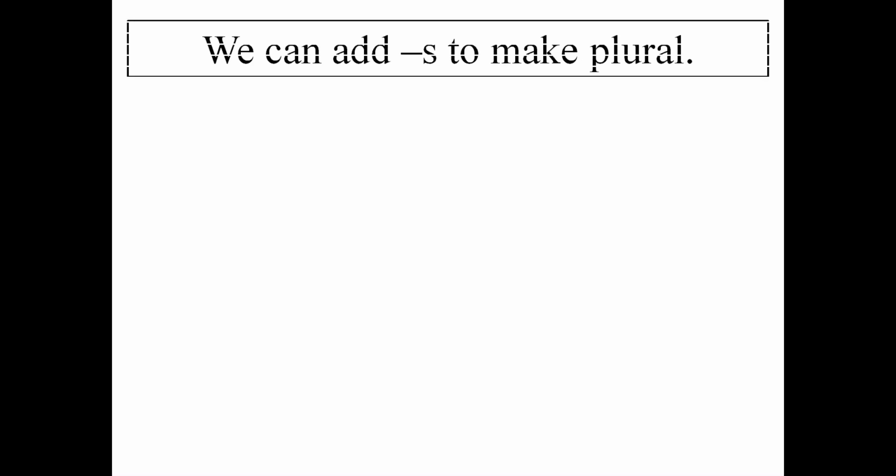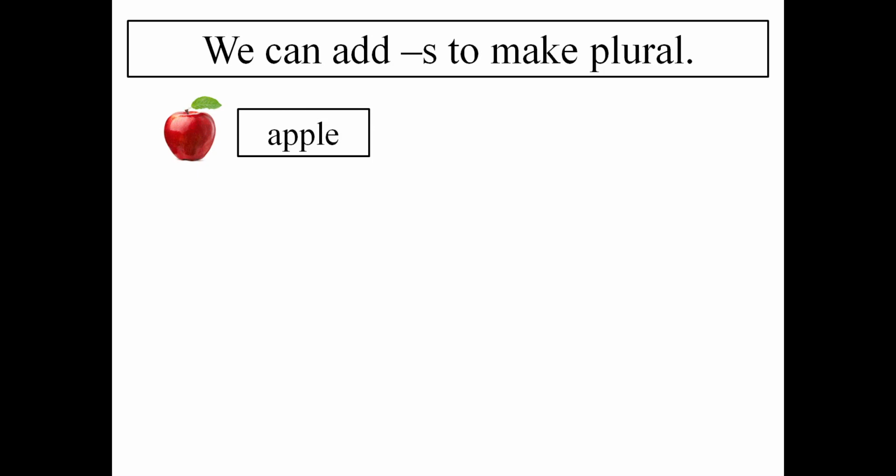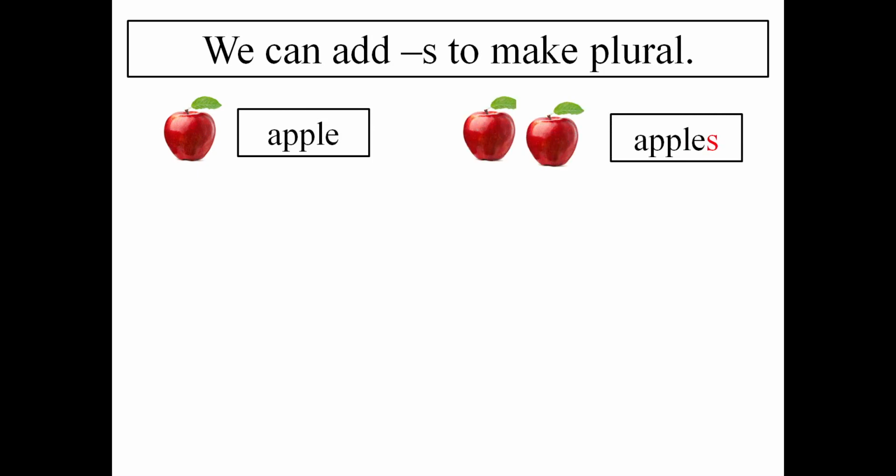Now the first rule is you can add s to make plural. कैसे? Let us have a look. This is one apple, two apples. You can see s is added in the end.